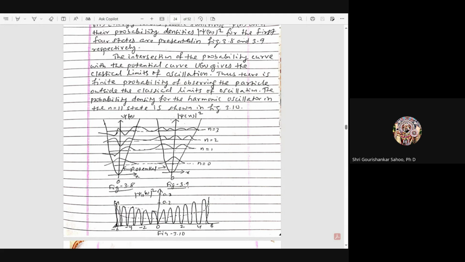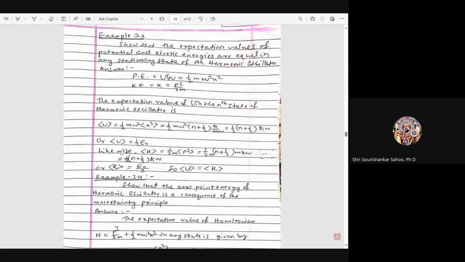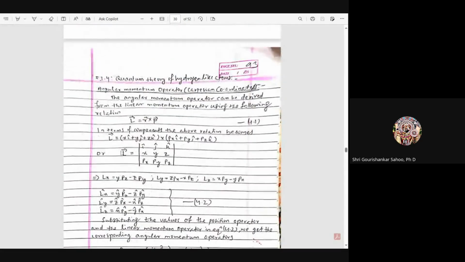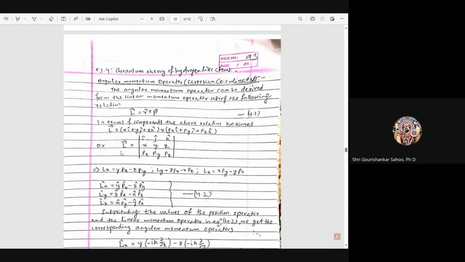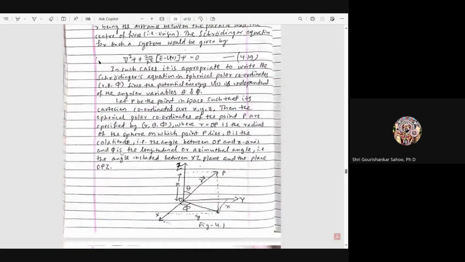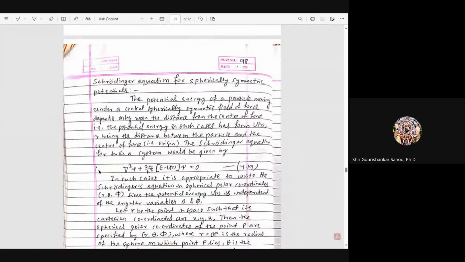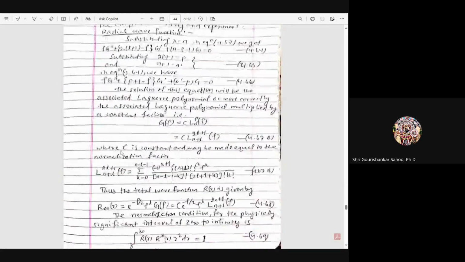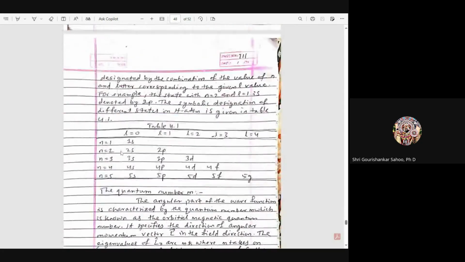Then probability density, nature of probability density. Then the hydrogen-like atom and its solution. Radial wave function, different states, and the quantum numbers.